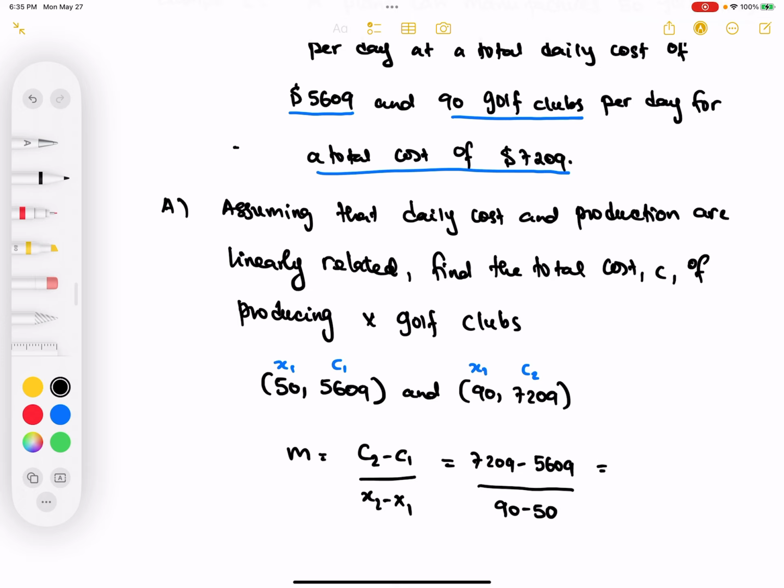When you do this, it is 1,600 divided by 90 minus 50, which is 40. So you can divide it using your calculator. 1,600 divided by 40 is 40.